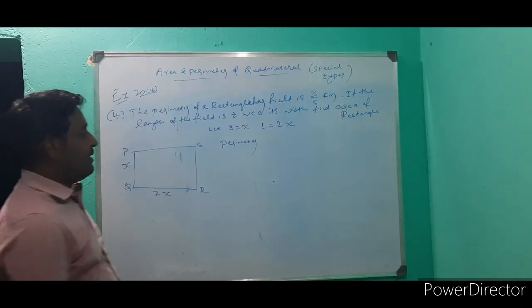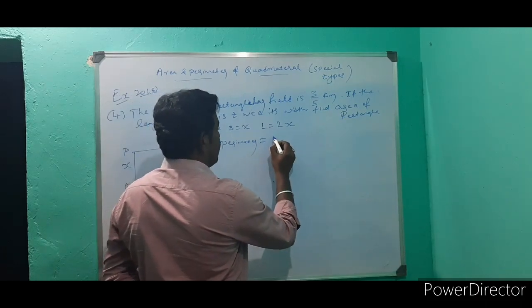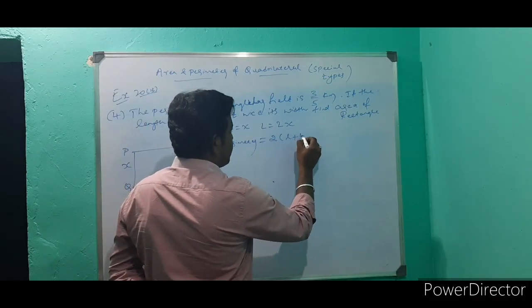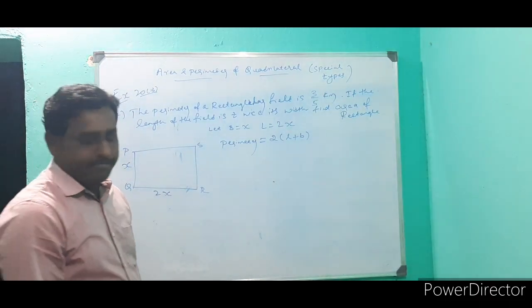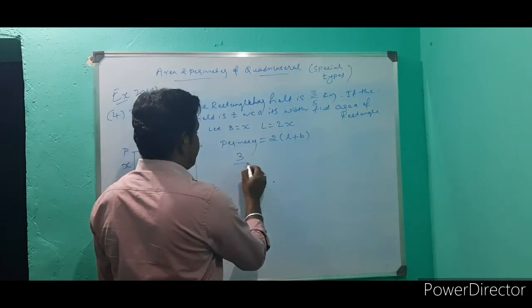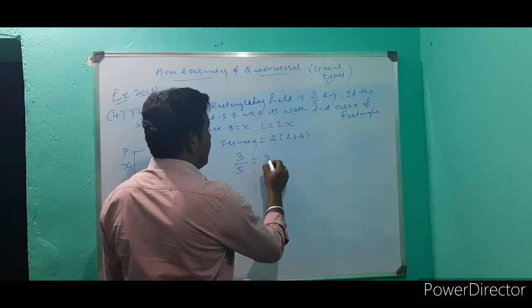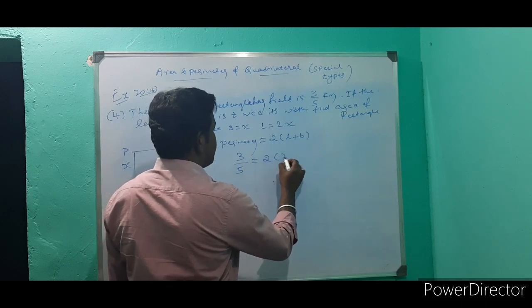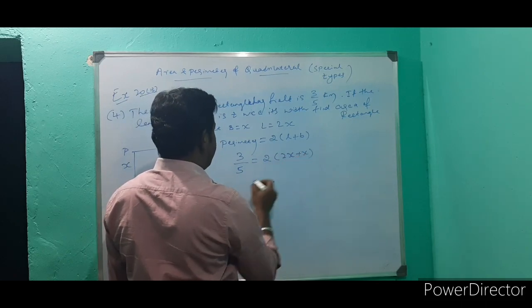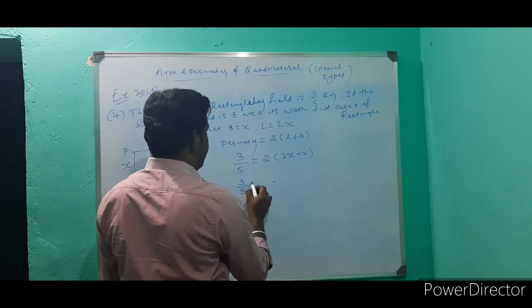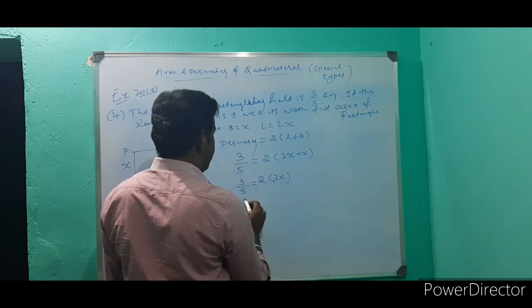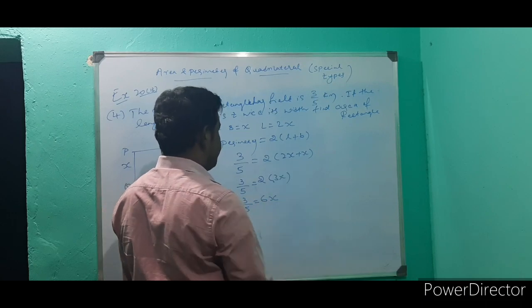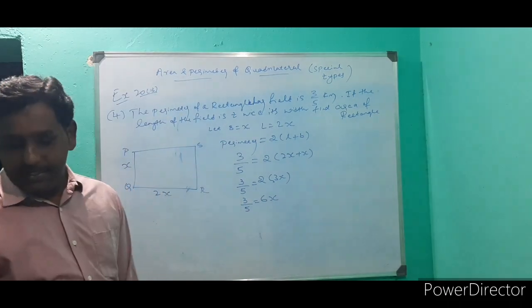You can consider perimeter is equal to 2 into L plus B. That is perimeter is equal to 3 by 5. 2 into L plus B means 2 into 2x plus x, 2 into 3x, 6x.